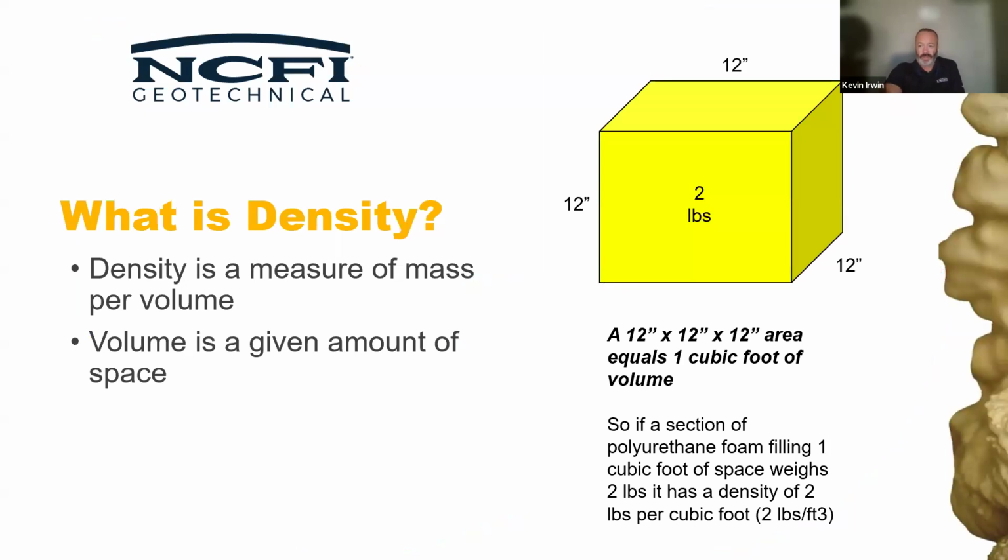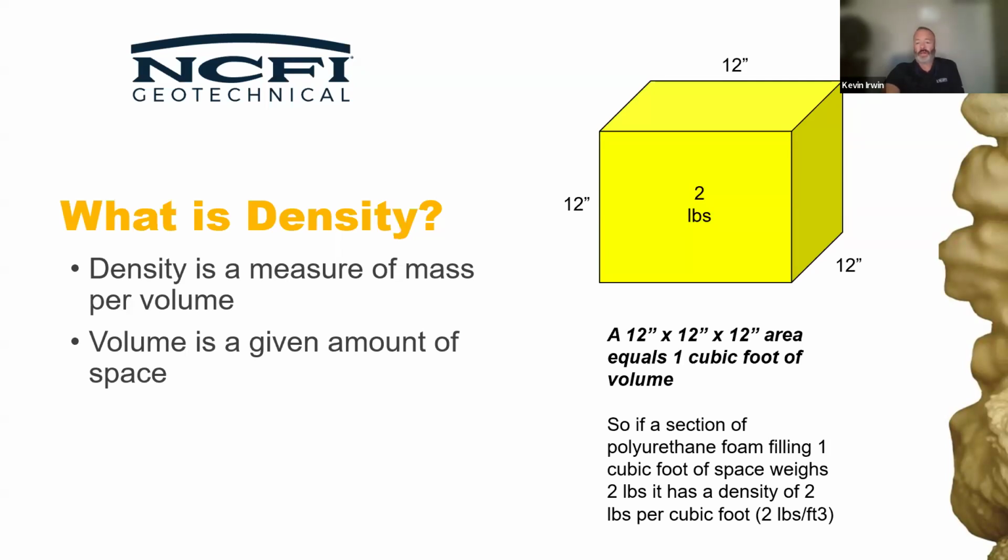We need to talk about density. Deep injection works on the principle of confined density of the chemical as it expands. So density, of course, is a measure of mass per volume. If I have a volume that's 1 cubic foot, and I fill that with what we call a 2-pound foam, the industry terms are 2 pound, 3 pound, 4 pound, 2.8 pound, 4.5 pound.